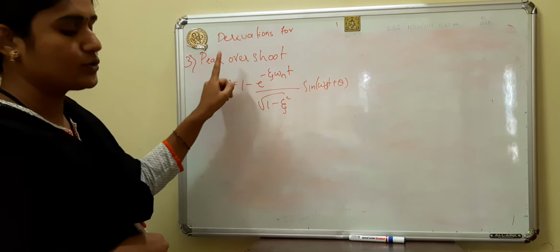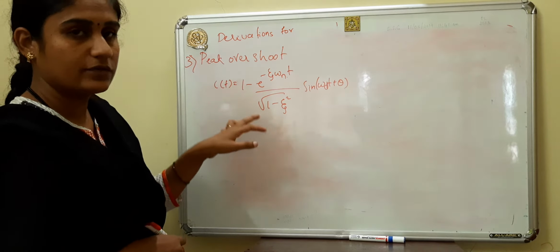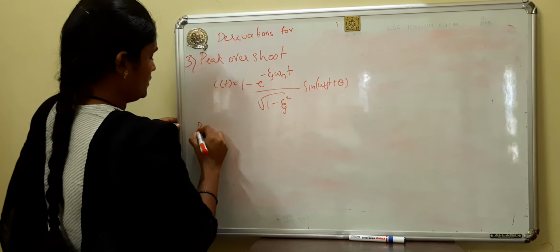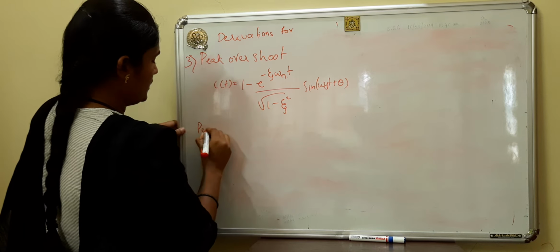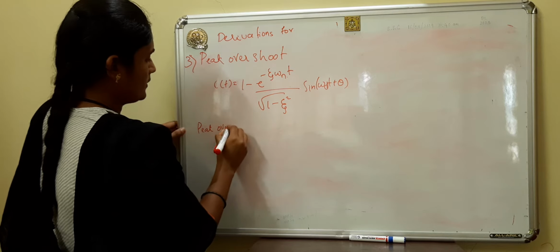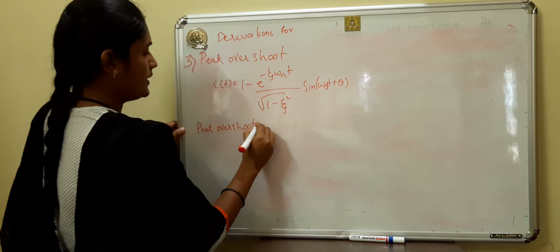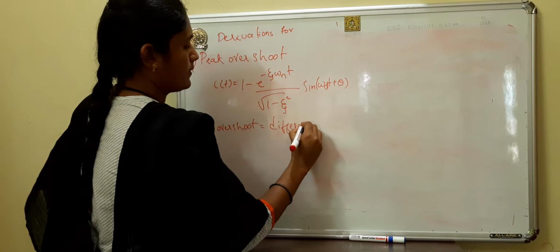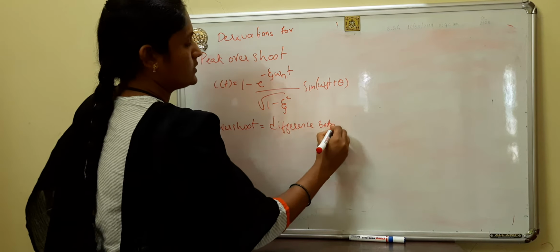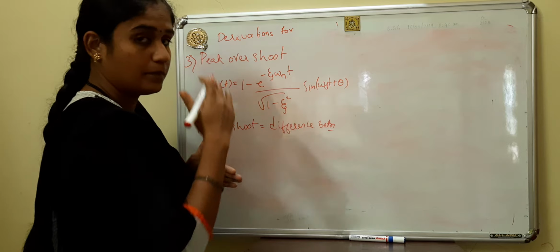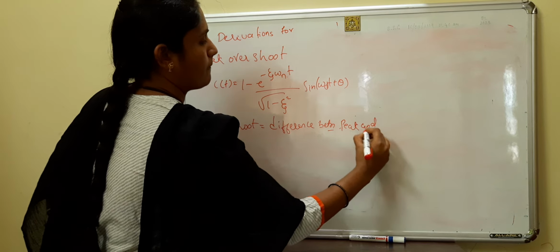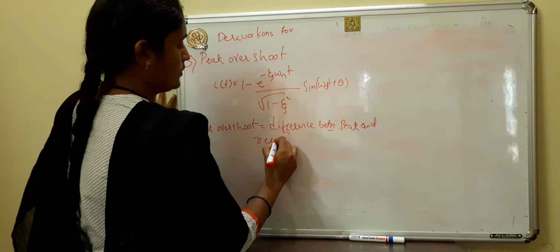The peak overshoot is defined as the difference between the peak and the reference input.